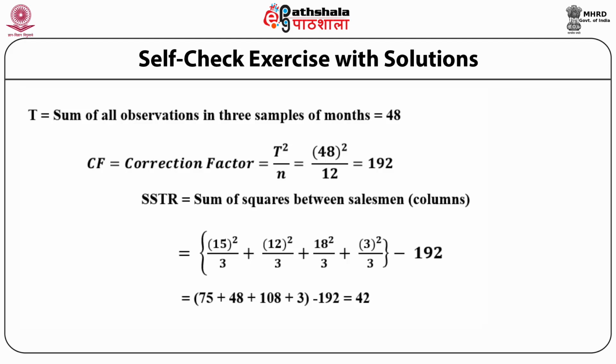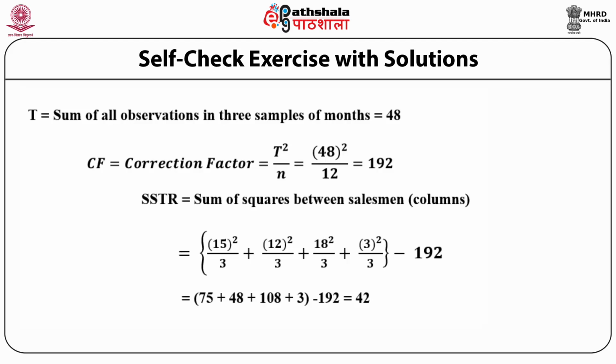The formula for the correction factor is T, that is sum of all observations in the sample, T square upon N. Here T is 48, so 48 square upon 12. And how is 12 calculated? That is 4 salesmen and 3 months. So N becomes 12, and it comes out to be 192.